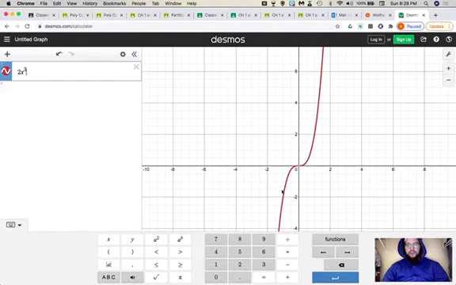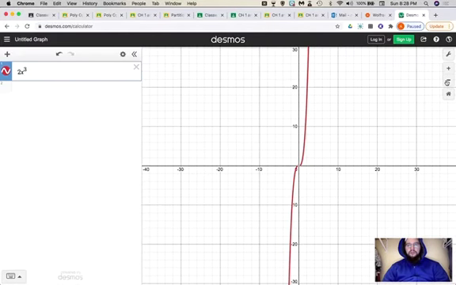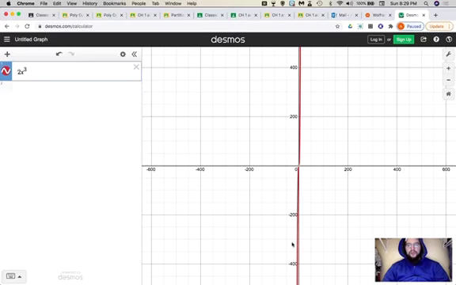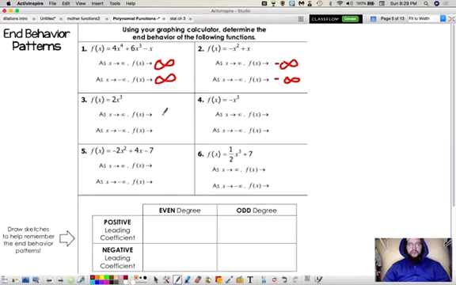This looks like it's going down as it gets smaller and up as it gets bigger. Yeah, I think so. Yeah, you can kind of see as x goes to the left, it gets smaller. As x goes to the right, it gets bigger. So as x gets bigger, your function gets bigger. As x gets smaller, your function gets smaller. As x goes to infinity, y goes to infinity. As x goes to negative infinity, y goes to negative infinity.